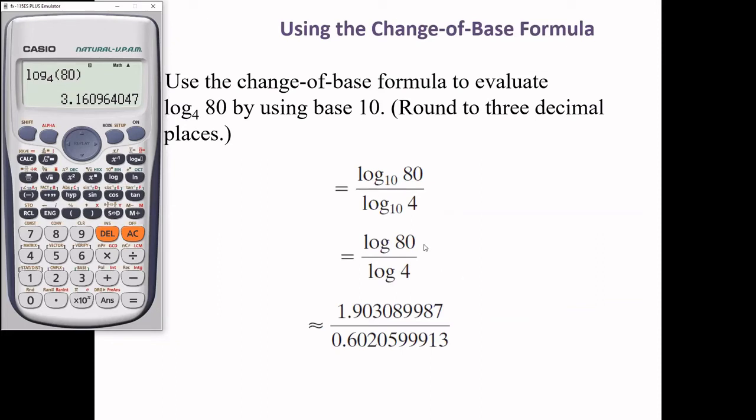They took log of 80, got that number, then they divided it by log base 10 of 4, which is this number, and voila, you can see what it looks like. Now, how many steps did we do from this to that? 1, 2, 3, 4 steps.